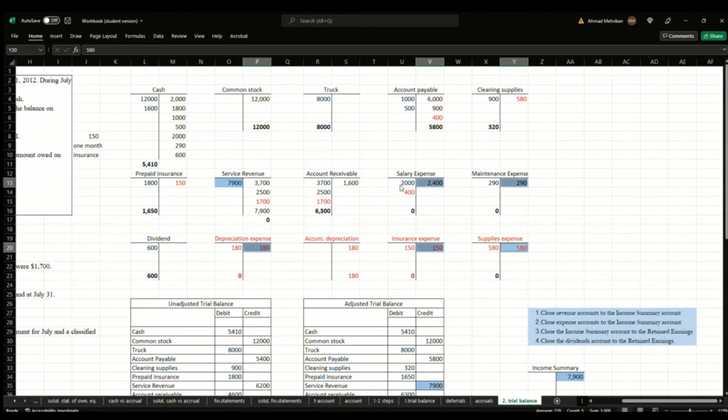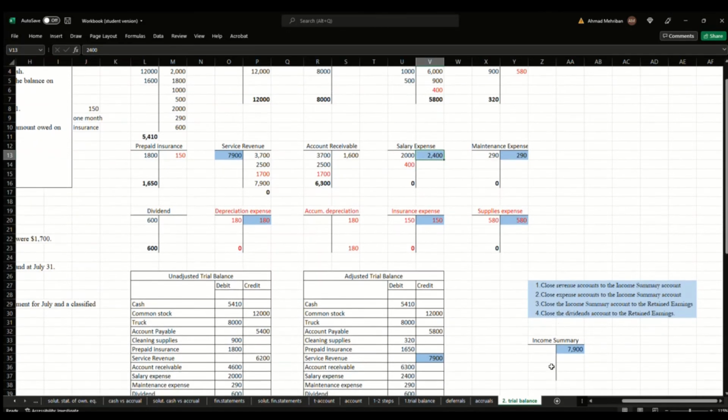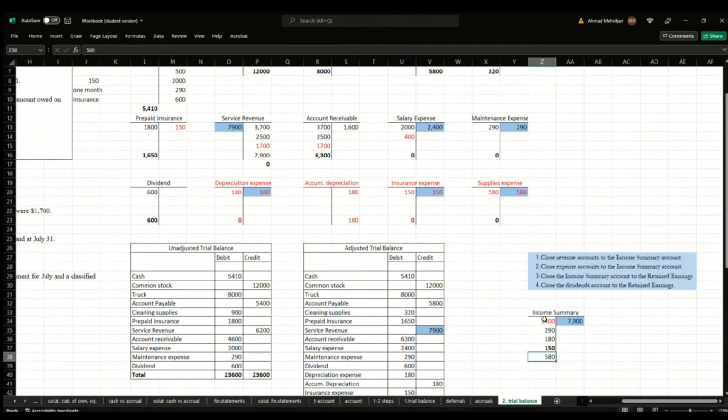Again, because all of the expenses are normally a debit side entry, to be able to close this account, entering to the credit side, we have to enter into the income summary a debit side entry. So all of those, one by one, will be entered to the income summary account debit side. I hope it's very easy for you to understand the logic, why it is debit or why it is credit.